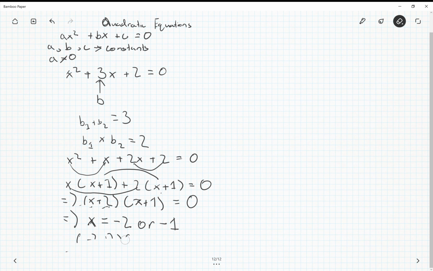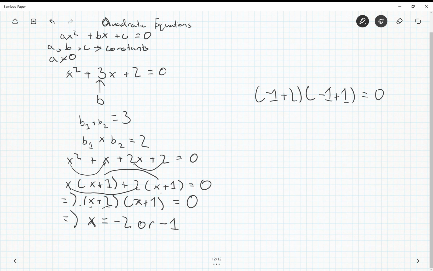And then if we substitute -1, that would mean -1 plus 2 times -1 plus 1 equals 0. If we take out the brackets, that means it would be 1 times 0, which equals 0.